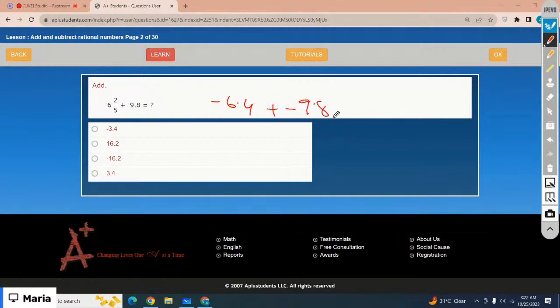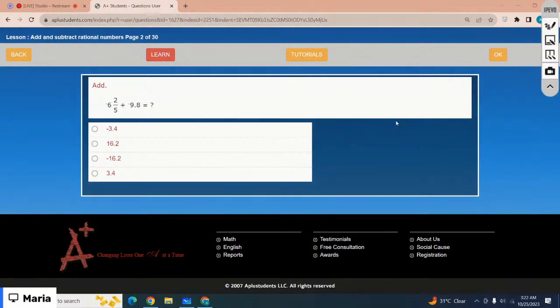Add them. 8 and 4, 12. 9 and 6, 16. It is negative 16.2 because they both are negative. So it would be negative 16.2, right? So the correct option is negative 16.2.